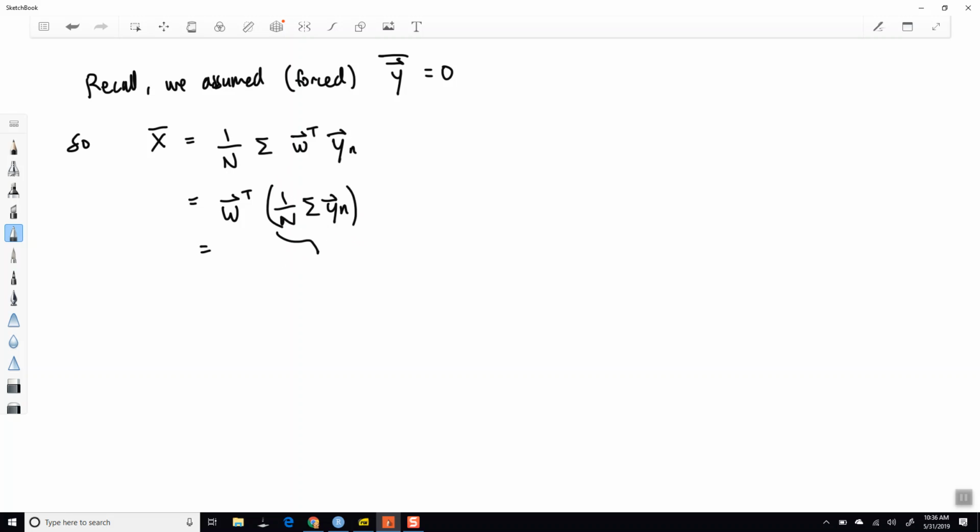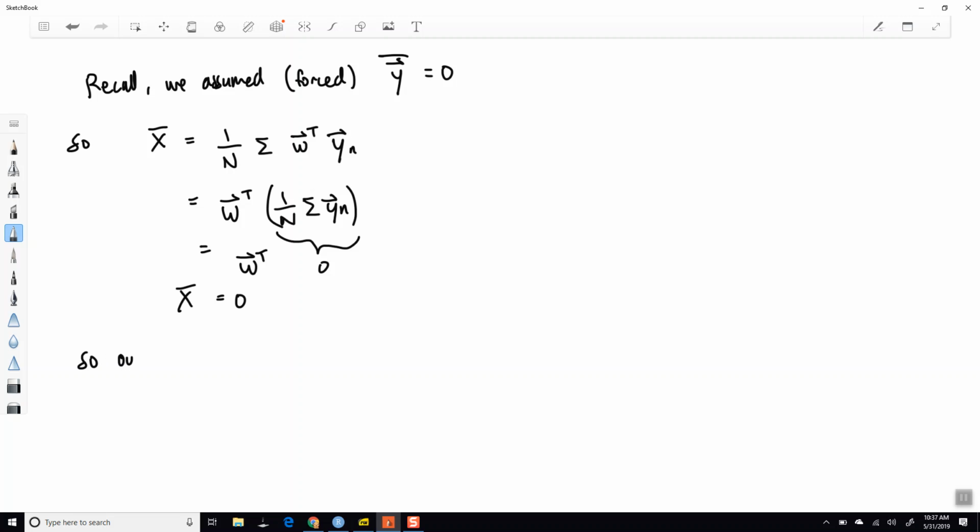And we forced the mean of y to be equal to 0, so our x bar is going to be 0. All we're doing is taking our vector w and multiplying it against our y, which we forced to have a mean of 0, and therefore our x's will also have a mean of 0.